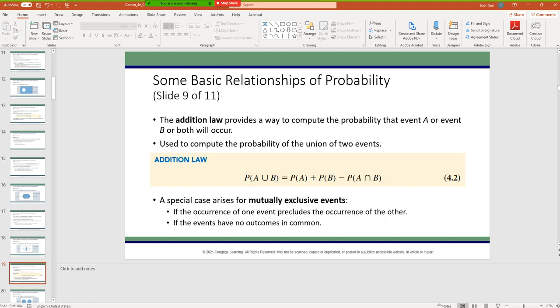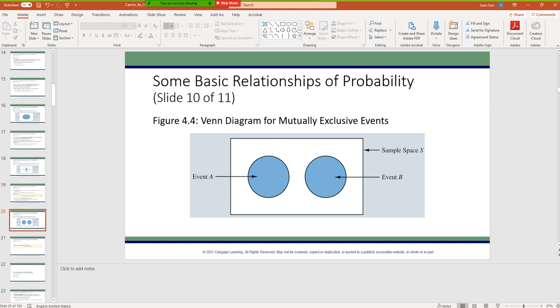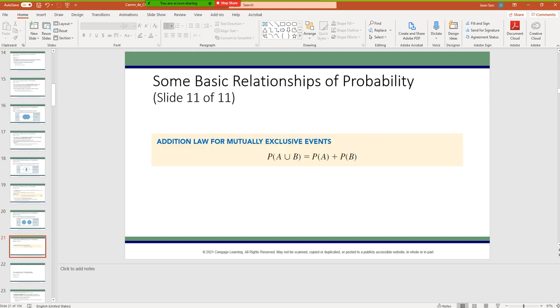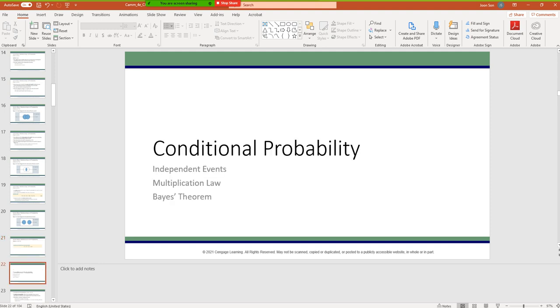So this is a very important formula, the addition law. The probability of A or B is the probability of A plus the probability of B minus the probability of A and B, right? A special case arises for mutually exclusive events. Mutually exclusive means what? If the occurrence of one event precludes the occurrence of the other, if the events have no outcome in common, right? In that case, the Venn diagram is something like this, and that's the addition law for mutually exclusive events.